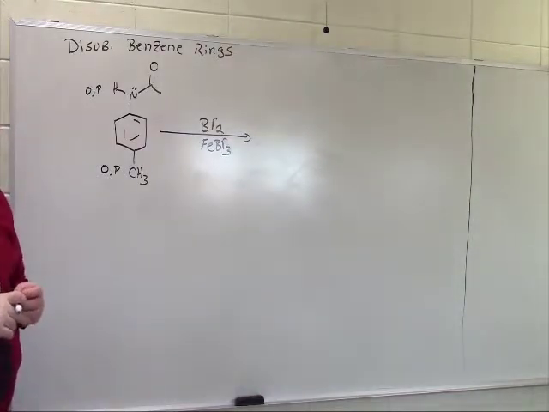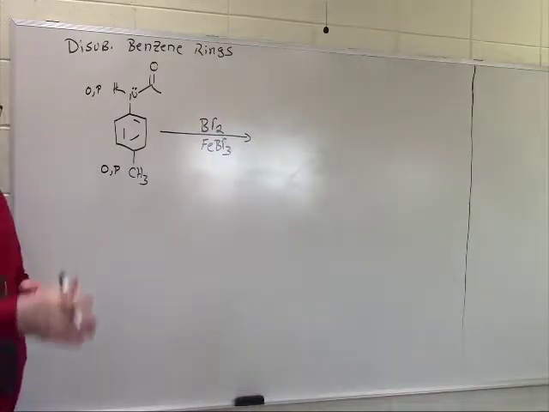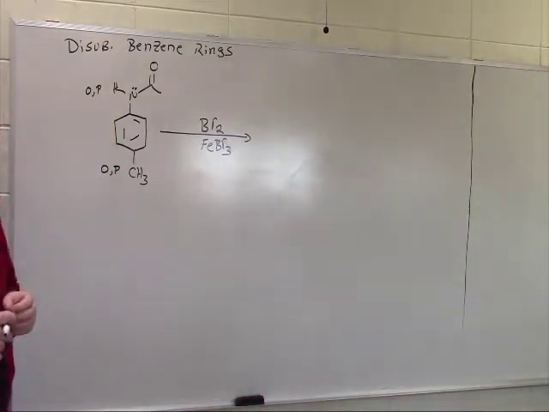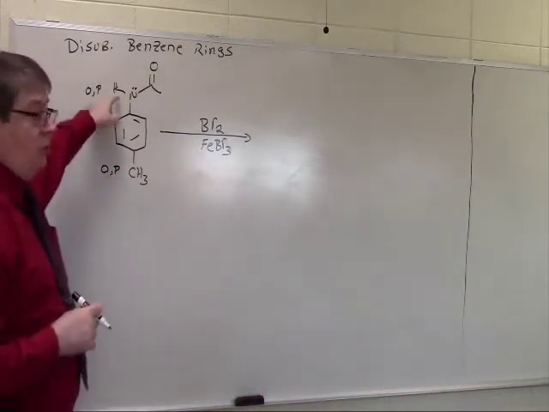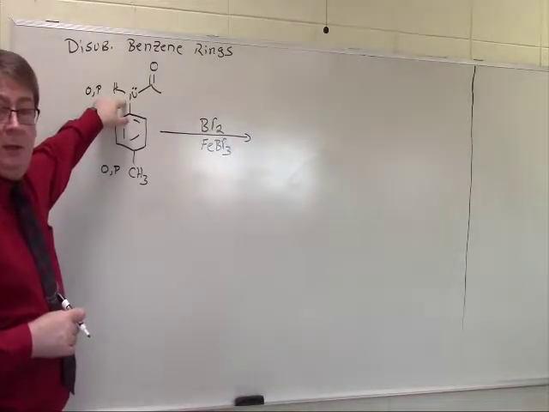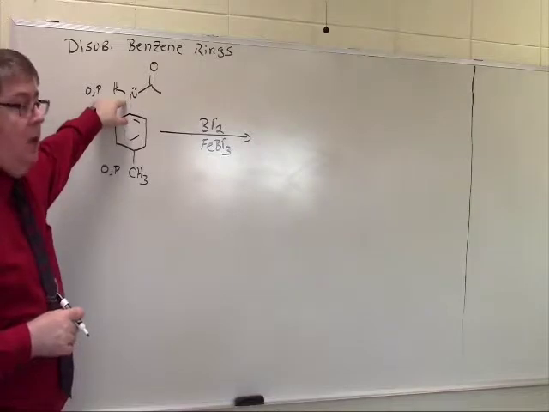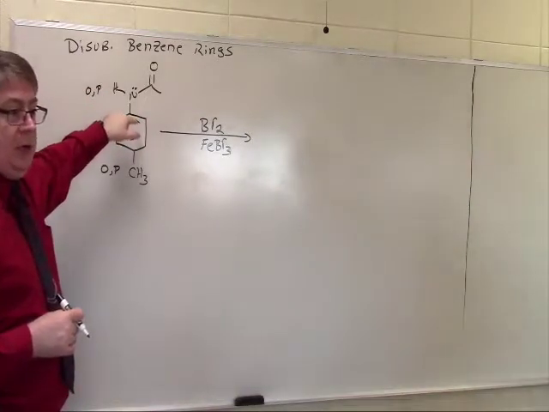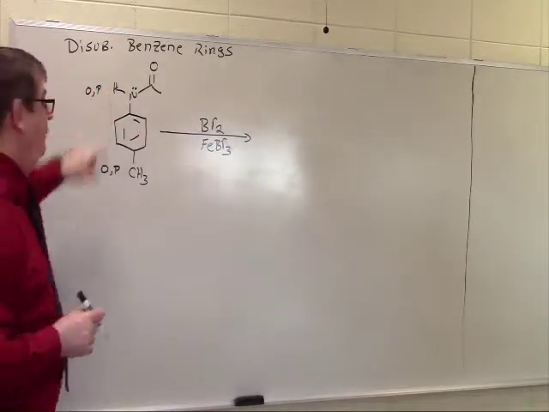They're both ortho-para directors. Which one's the stronger? That list that we had. Is this stronger or weaker than a methyl group? This one is stronger than the methyl group? You bet. Why? It has the lone pair, right? And so resonance, delocalization into the ring, this is the stronger of the two.